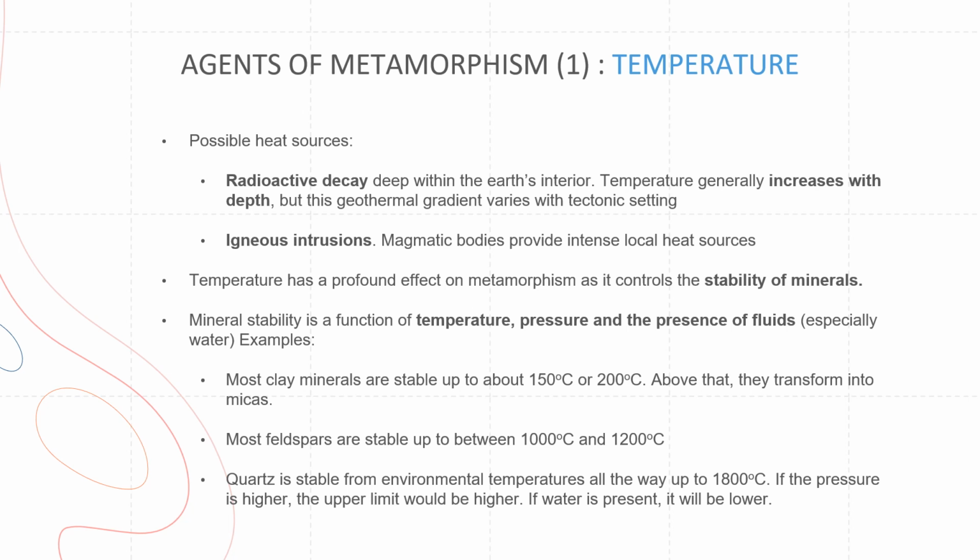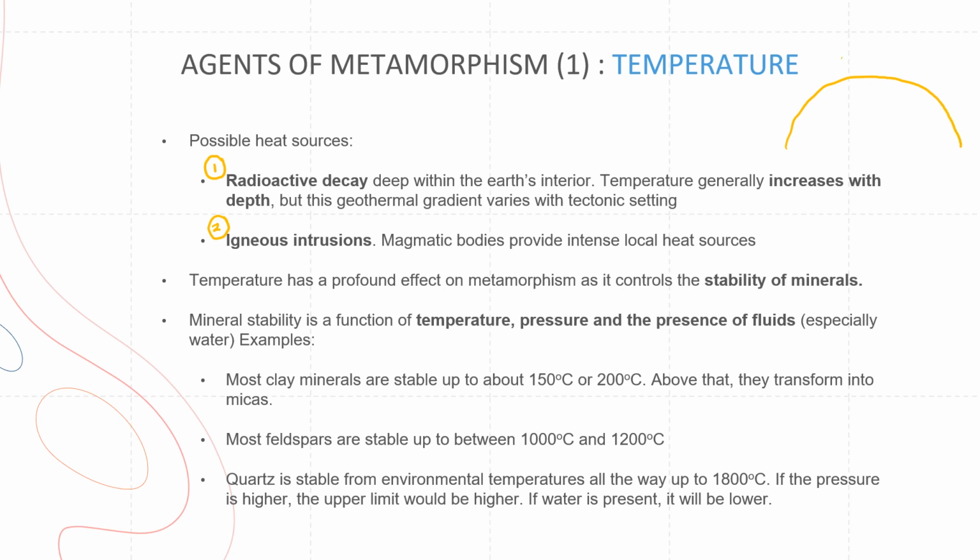So with temperature, we need to talk about the possible heat sources, and we have two possible heat sources, which are the radioactive decay deep within the Earth's interior and igneous intrusions. So with radioactive decay, this happens deep within the Earth's interior.